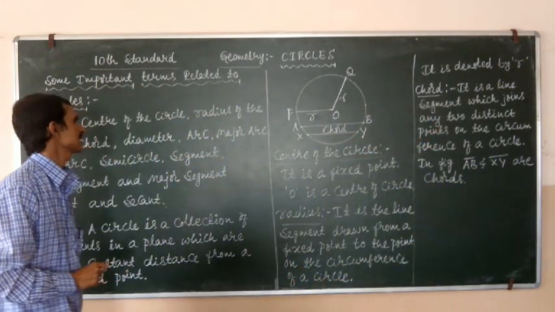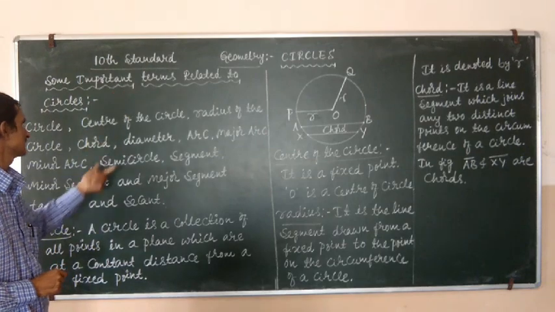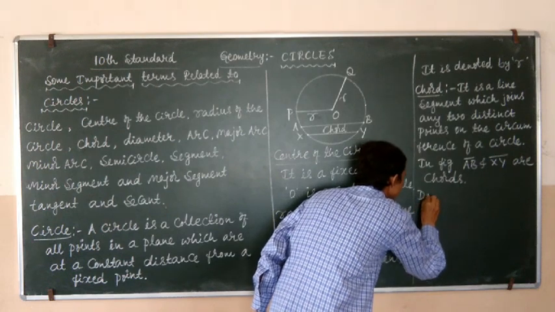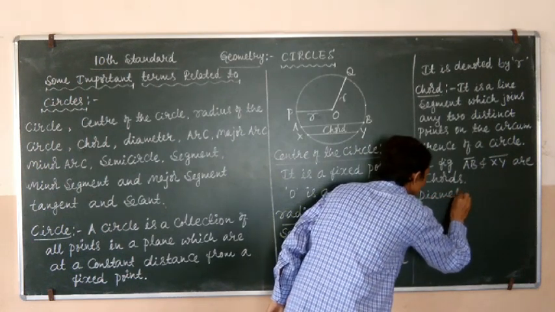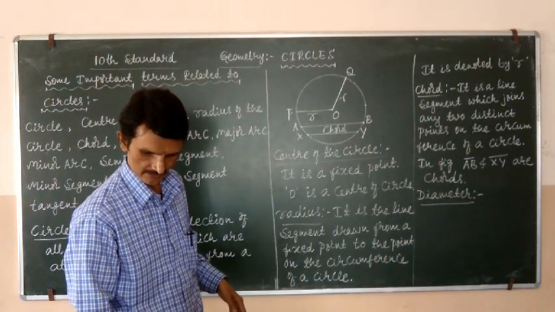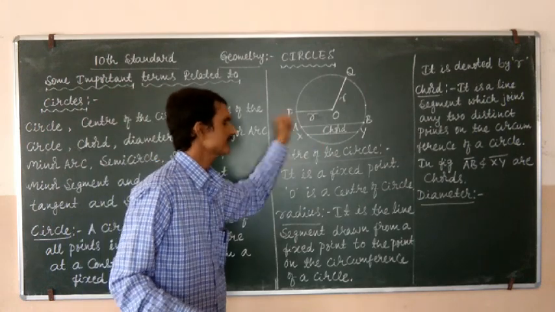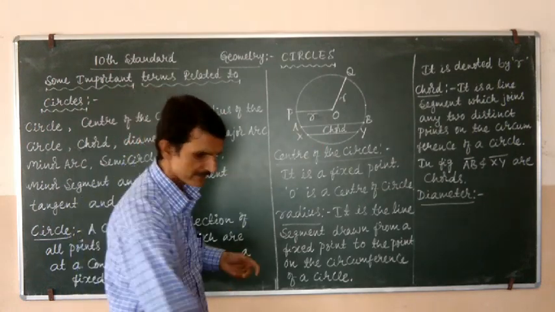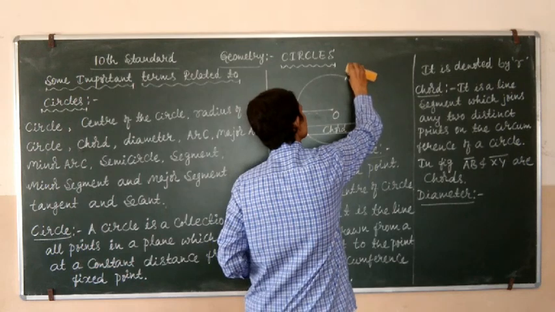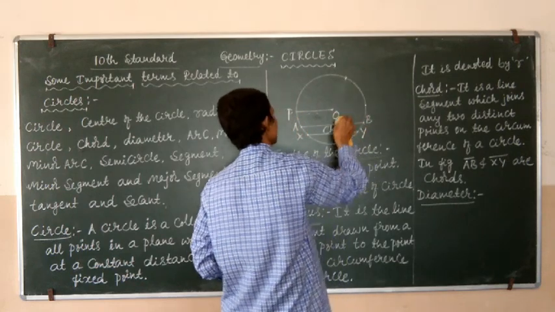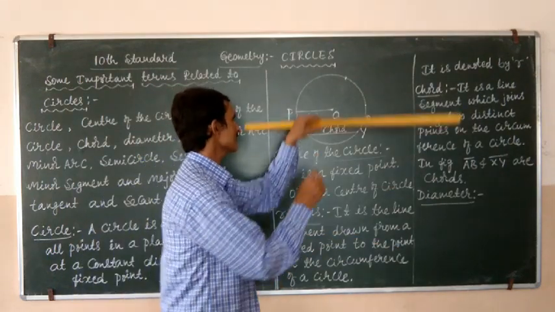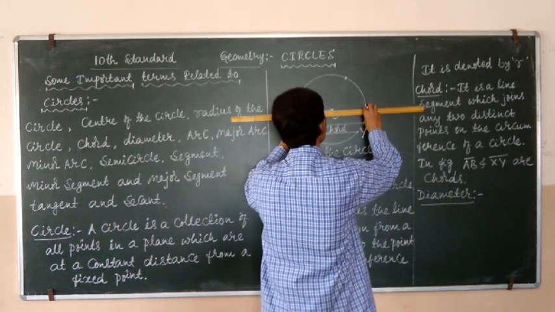So the next important term is diameter. Students, we already know the definition of the chord. So if we go on drawing chords, one of the chords will pass through the center of the circle.